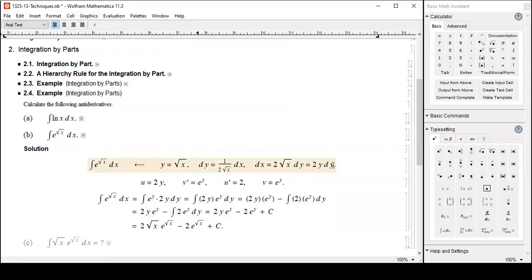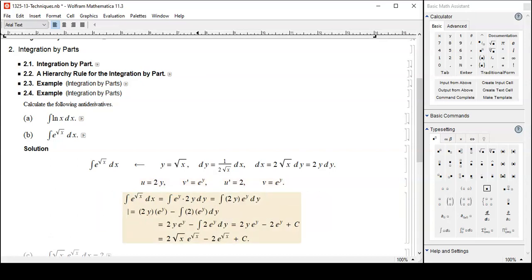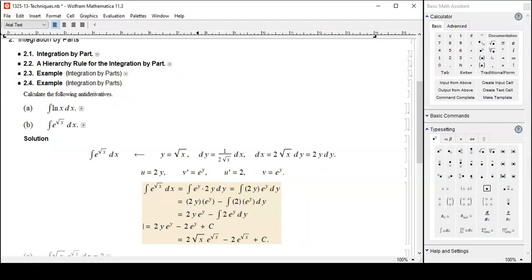Integration by substitution up to here, and then integration by parts, and that's going to be the rest. Okay, so substitution leads to up here, the first line, and the integration by parts. Okay, all right.